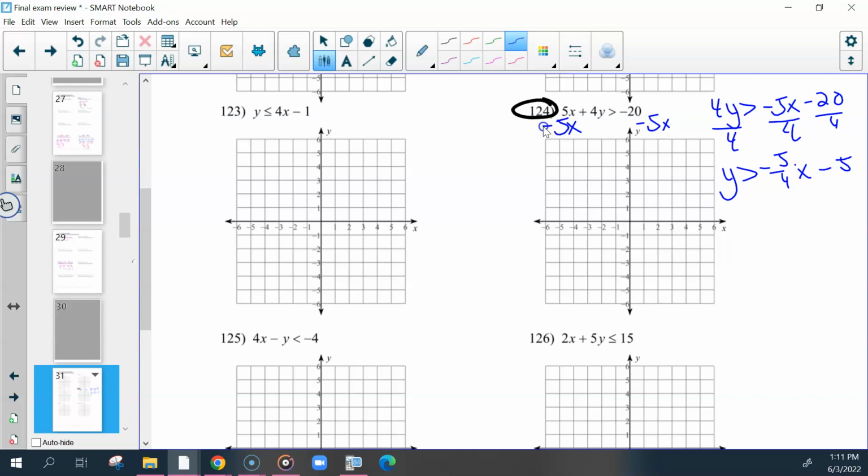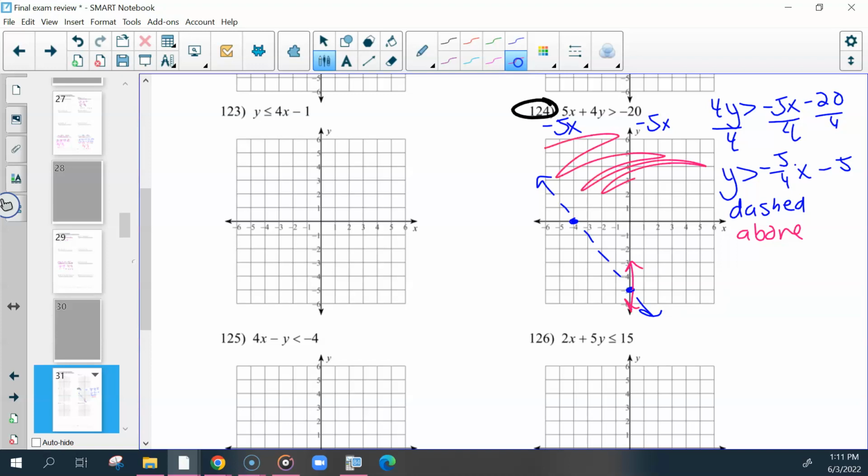And we would graph this like normal, start at negative 5. Our slope is negative 5 over 4, so I have to go up 5, to the left 4. This would be a dashed line because it doesn't have an equal to underneath. And this would be shaded below. I'm sorry, above, because it's greater than. If you're not sure which way is above or below, draw an arrow up and down at the y-intercept. Above would be up, below would be down.